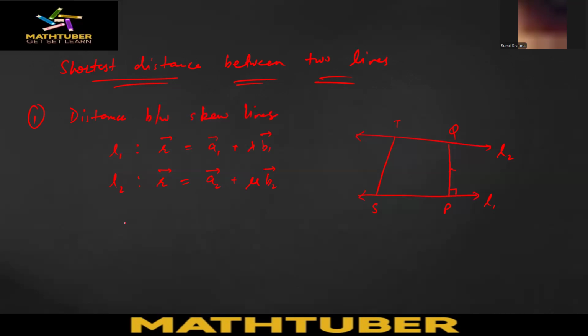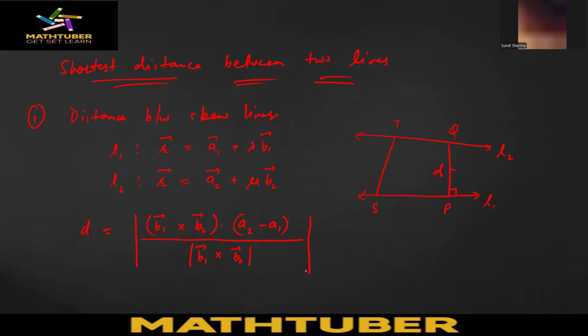So the formula for the distance d, let us say PQ is the shortest distance between these two lines, is given by B1 vector cross B2 vector dot A2 minus A1 vector, divided by the magnitude of B1 vector cross B2 vector, and the modulus of the whole thing, right?